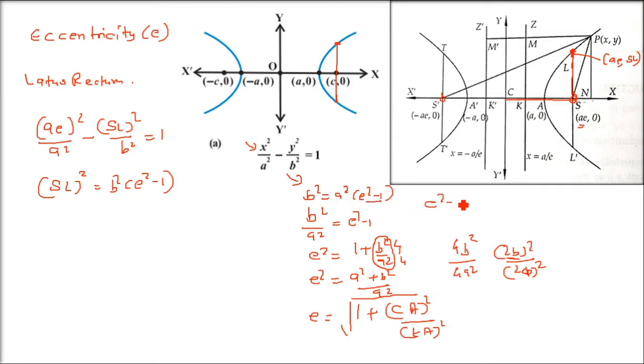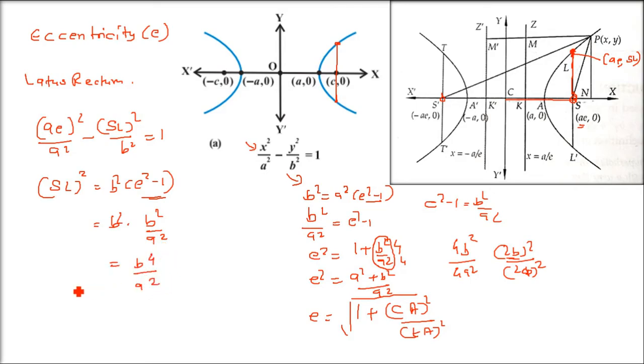We know that e squared minus 1 can be written as b squared by a squared, so in place of e squared minus 1 I am replacing it with b squared by a squared. After rearranging, this becomes b to the power 4 by a squared.